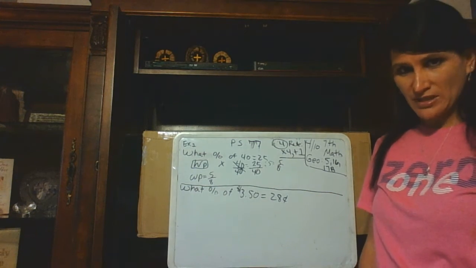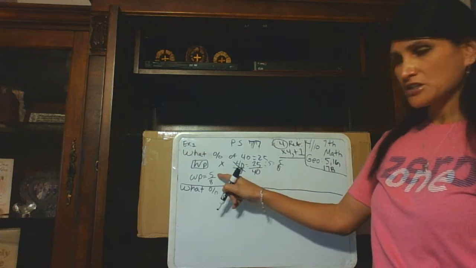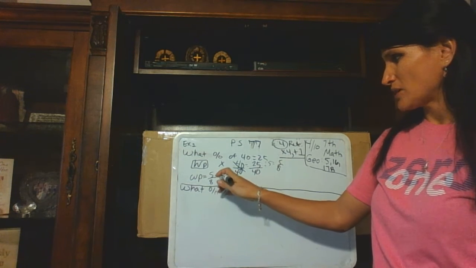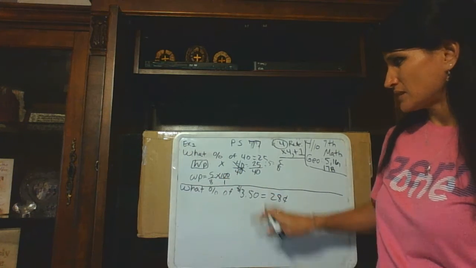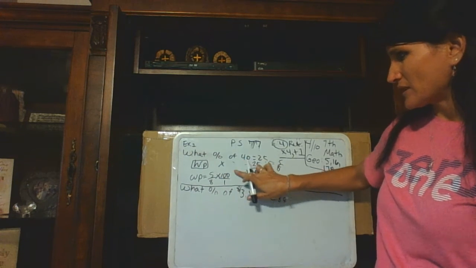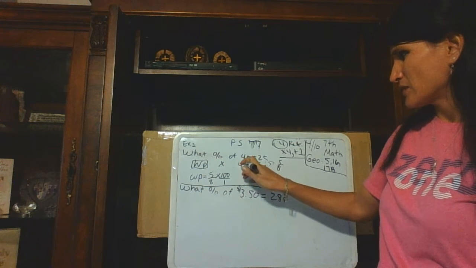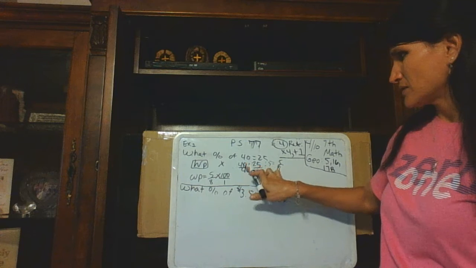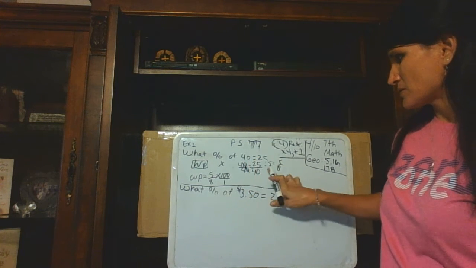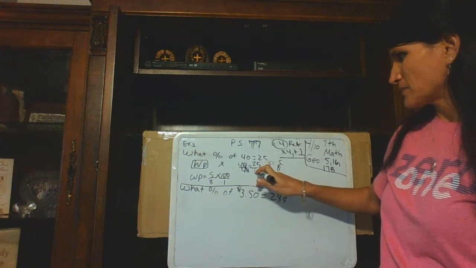It is not a percent. So to make a fraction a percent, we simply multiply by 100 over 1. Okay? I'll write that a little bit smaller so I can have some room.